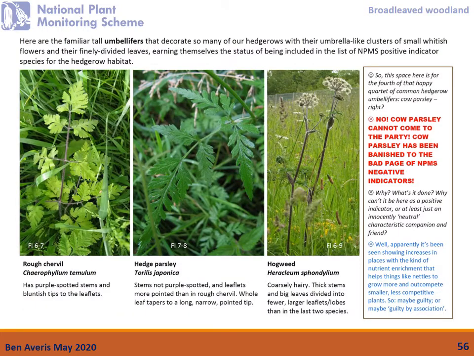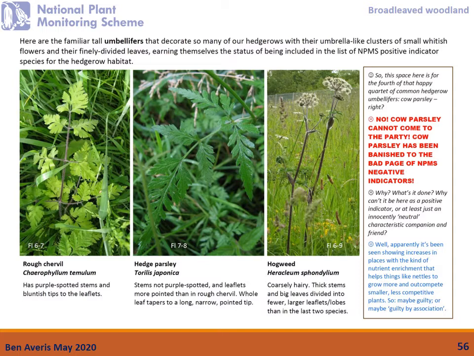These umbellifers are a common sight along many hedgerows, especially where the soils appear to be kind of neutral as judged by the rest of the flora anyway, and where there's not too much grazing. And they've all got pinnately divided leaves, divided up in a more intricate way in rough chervil and hedge parsley and cow parsley, less so in hogweed, which is altogether a bigger, coarser plant.